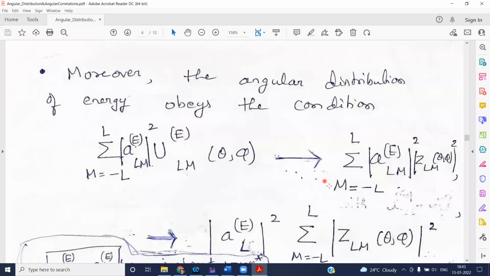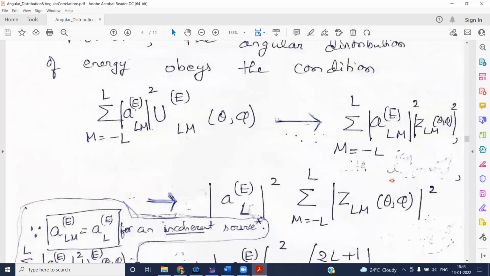Now, I will sum over this, but I assume that this A_ELM does not depend on M. Suppose that A_ELM, the coefficient of expansion, in the special case does not depend on M, but only depends on L. In such a case, I can take out A_EL, with no M dependence, and then take a summation over M equal to -L to +L of Z_LM of theta phi, no mod squared, sorry.